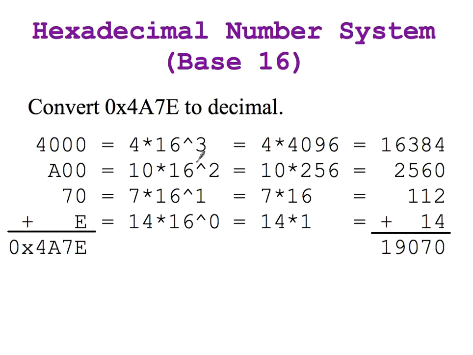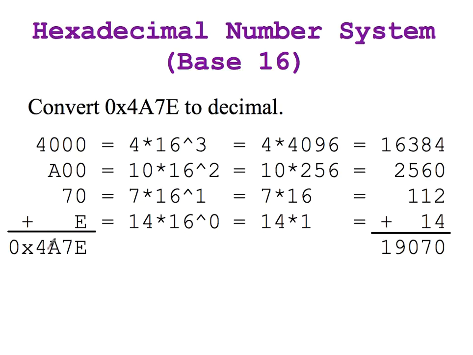And we just likewise move through the number. Now here the A, remember, A means 10. So this is 10 times 16 to the second, because it's in the 16 squared place. 10 times 256 is 2,560. And we go all the way down. And so we can see that the number 4A7E in hex represents 19,070 in decimal.